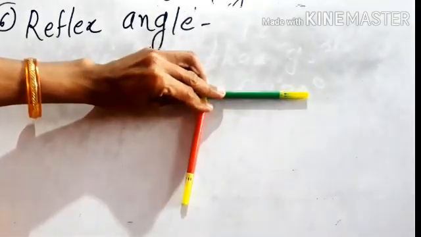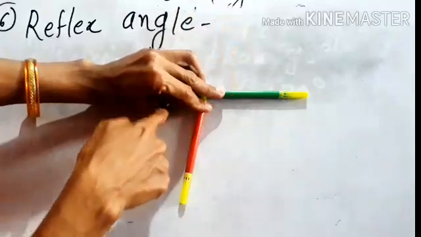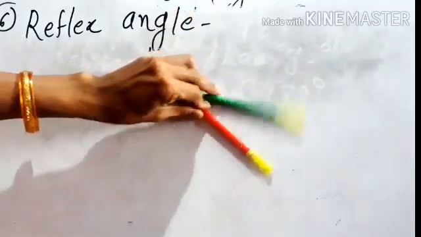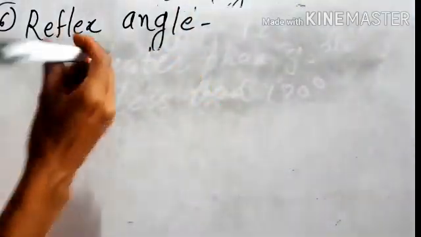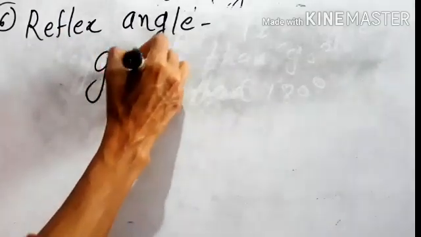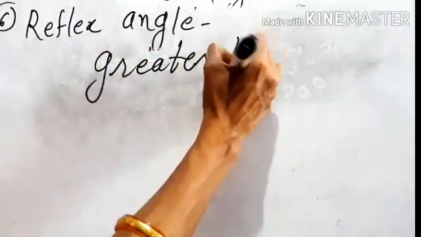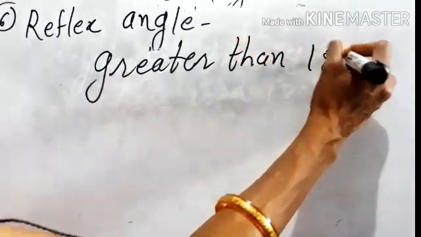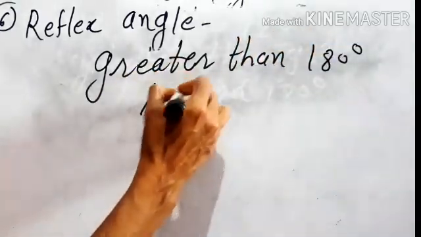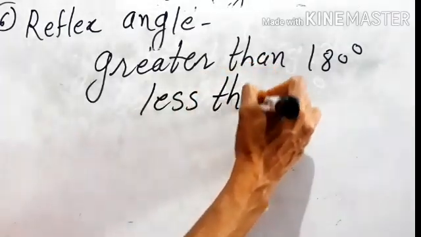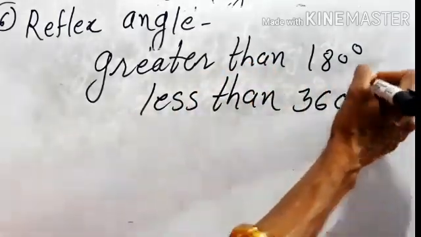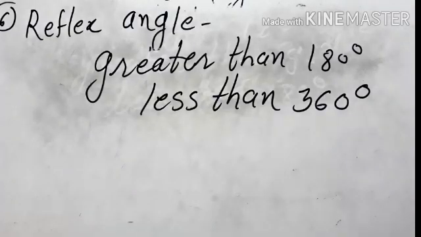From this side we have to measure the reflex angle, which will be greater than 180 degree but less than 360 degree. When we complete one rotation, that time our measurement will be 360 degree.